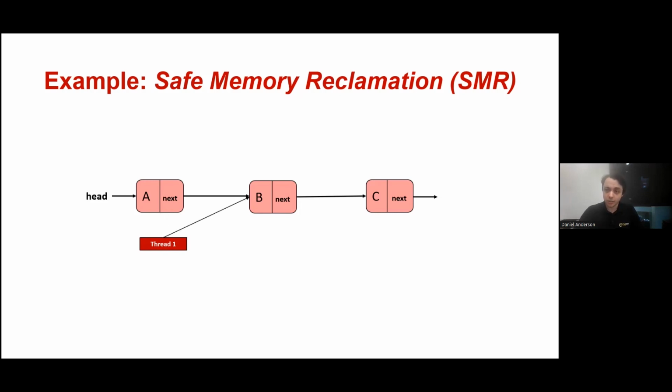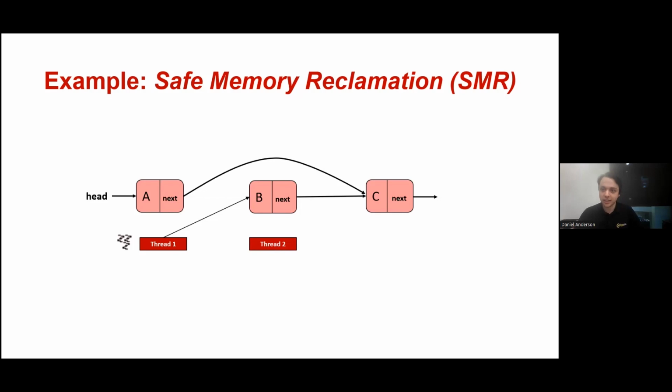Now, since we're running a parallel program here, let's say that at this point the thread decides to go to sleep. Maybe the operating system needed that processor for something else, and another thread pops in and decides that it wants to do something. In particular, let's say this thread decides that it really doesn't like B, so it decides to delete B out of the linked list.